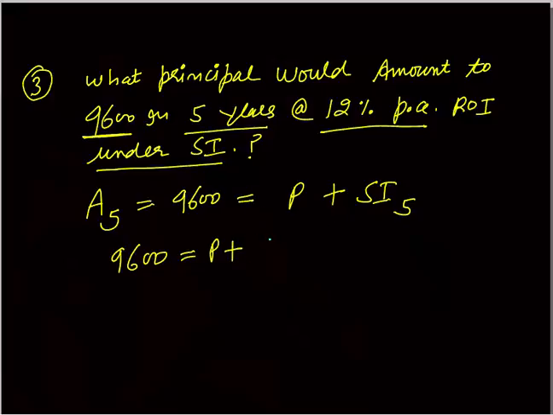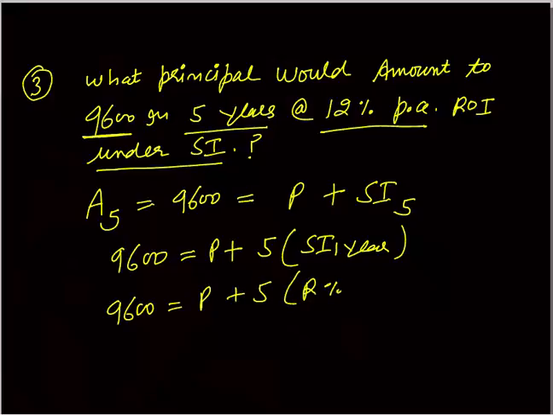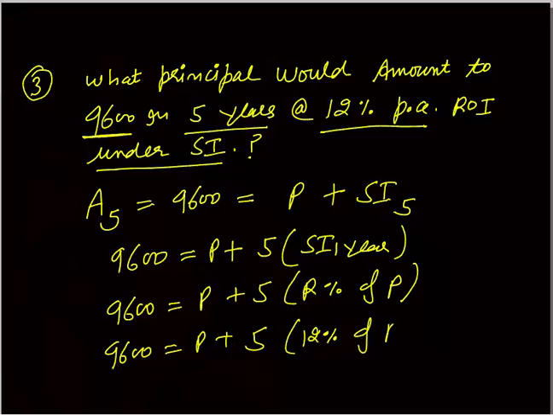Simple interest is the same every year. This is equal to 5 times simple interest of 1 year. So 9,600 is equal to P plus 5 times simple interest of 1 year, which is R% of P. We know the value of R, so 9,600 is equal to P plus 5 times 12% of P. This equals 9,600 equals P plus 60% of P.